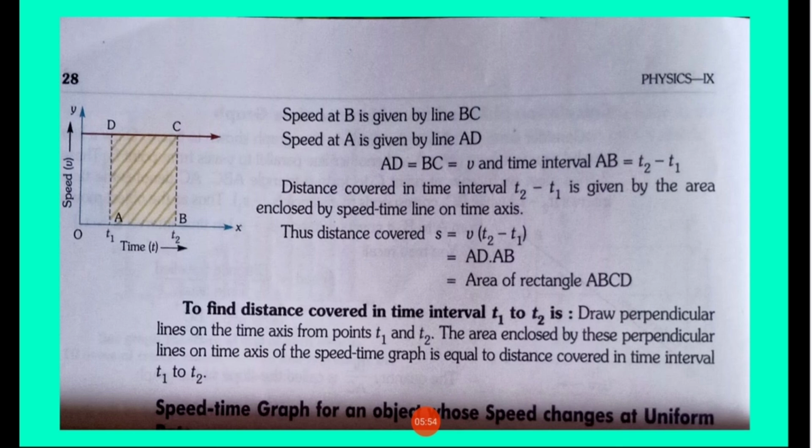And the time interval AB is nothing but T2 minus T1. So distance covered by the object in time interval T2 minus T1 is given by V into T2 minus T1, which is nothing but AD into AB, or the area of the rectangle ABCD.